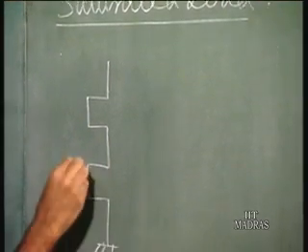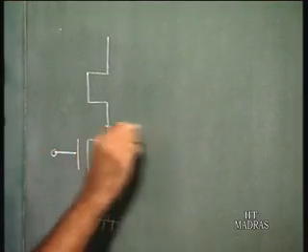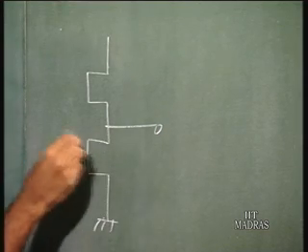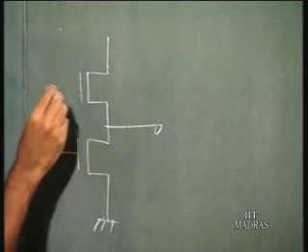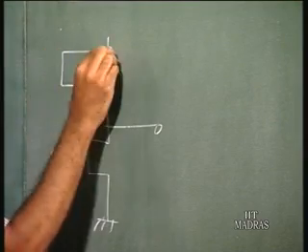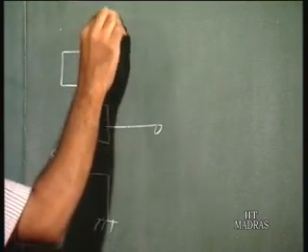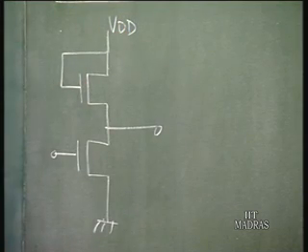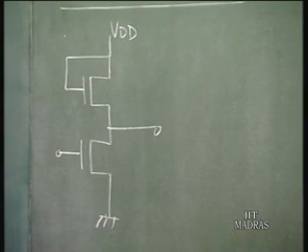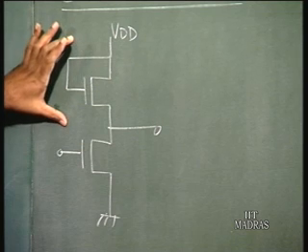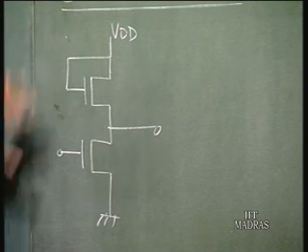So this is our MOS transistor here, and for the load you have another MOS transistor with the gate to drain shorted. So this is VDD. So this acts as the load device. The gate to drain is shorted.